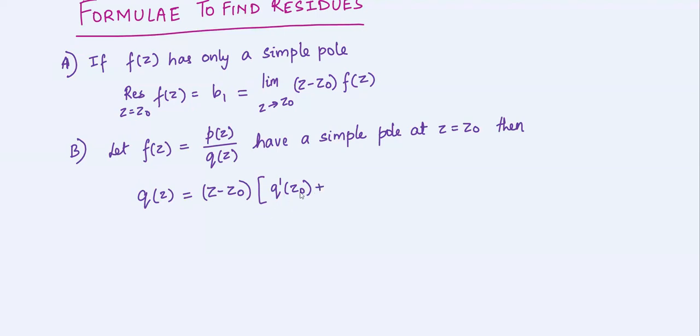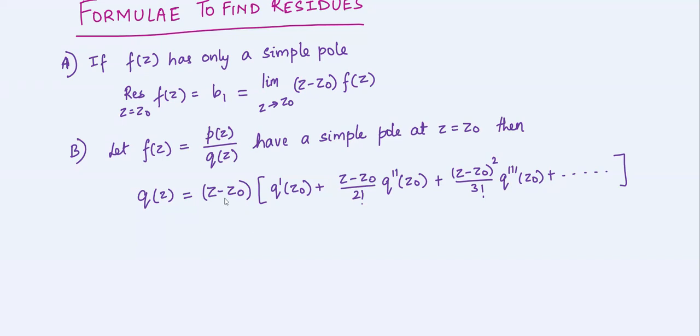I'm doing a Taylor series expansion of the denominator, then z minus z naught by 2 factorial times q double dash z naught plus z minus z naught whole square by 3 factorial, and so on.